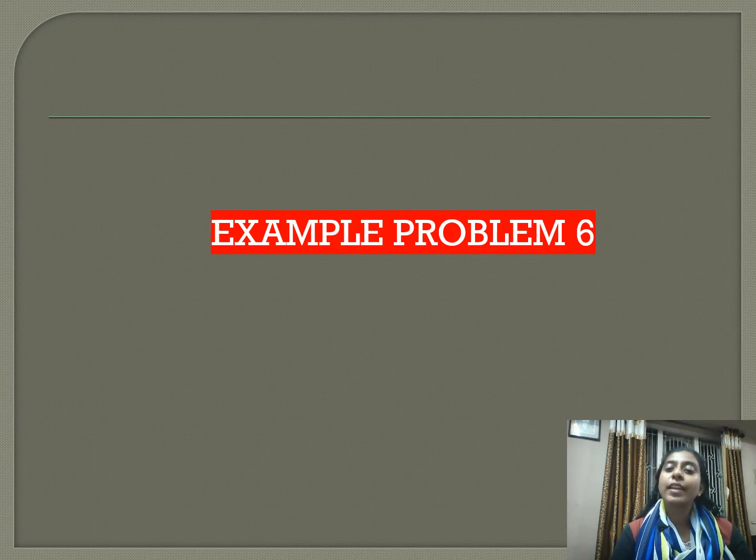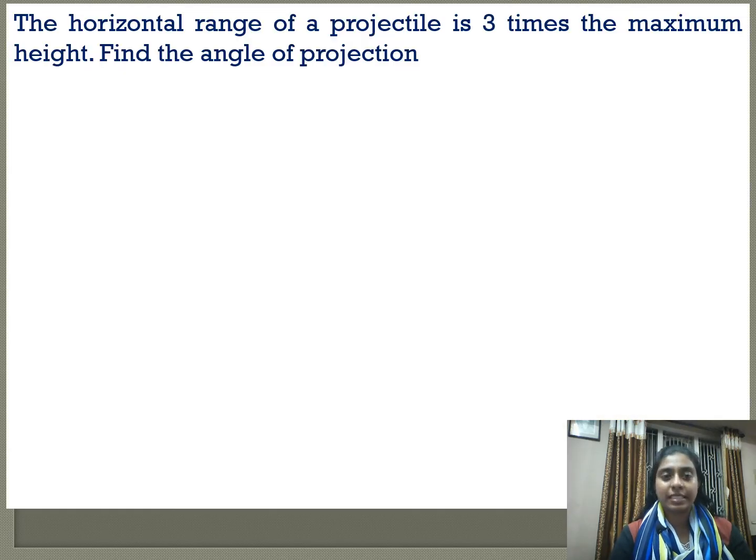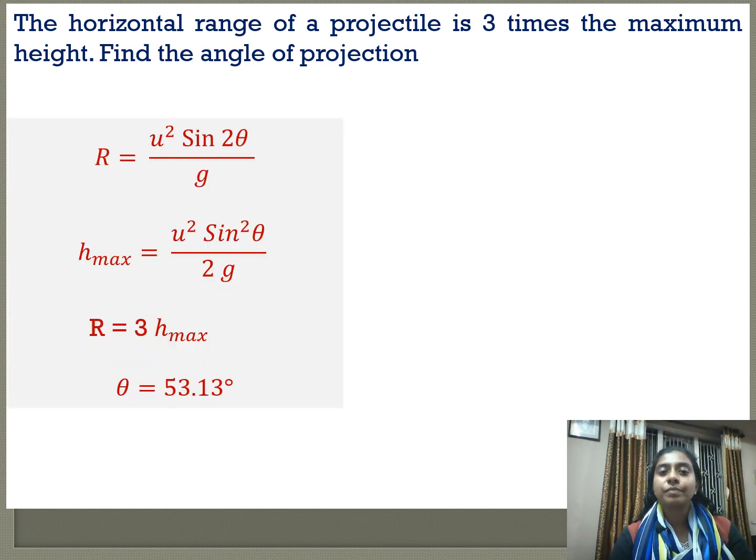Now we will go for the next problem. Problem 6: the horizontal range of a projectile is 3 times the maximum height. Find the angle of projection. We know the formula for range is u square sine 2 theta by g.